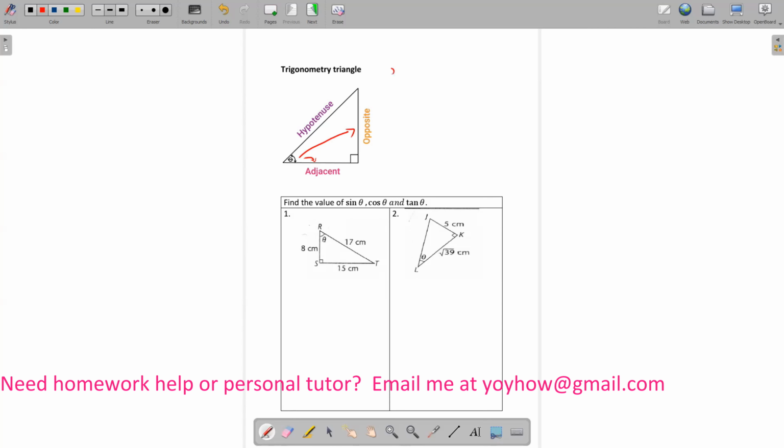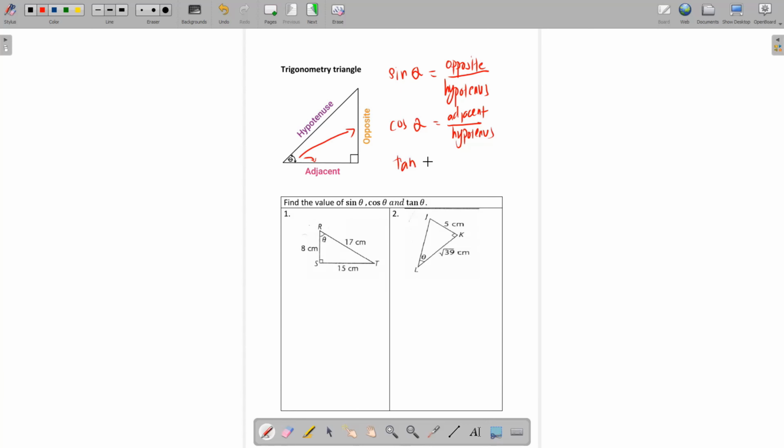So to find sine theta, we get the opposite over hypotenuse, and cos theta is adjacent over hypotenuse, and then tangent theta will be opposite over adjacent.